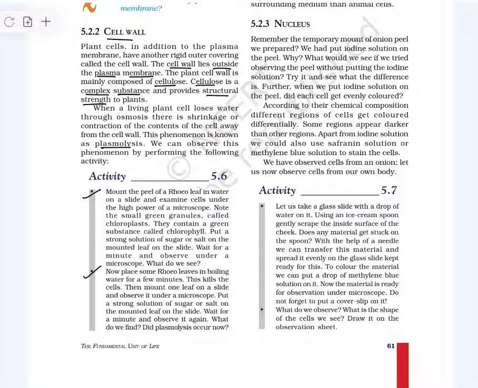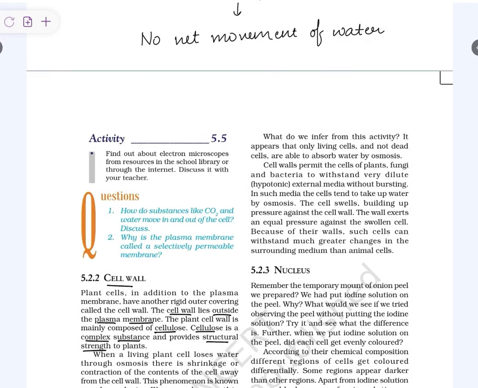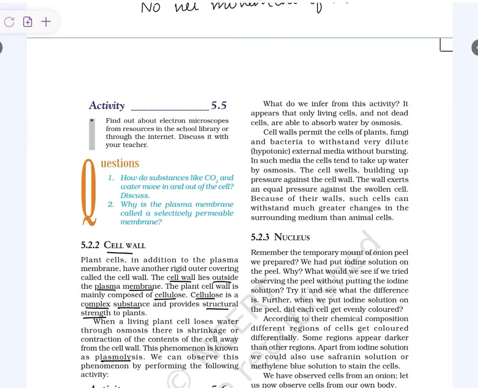Then we need to prepare the mount, and then same as before we are going to put the strong solution of the sugar or salt around the mounted leaf. Now what will be the outcome? तो हम देखेंगे कि जो लिविंग सेल्स के अंदर हम ऑब्जर्व करेंगे प्लाज्मोलिसिस, but in dead cells we will not observe plasmolysis because in dead cells the plasma membrane does not remain functional, जिसकी वजह से osmosis होगा ही नहीं.